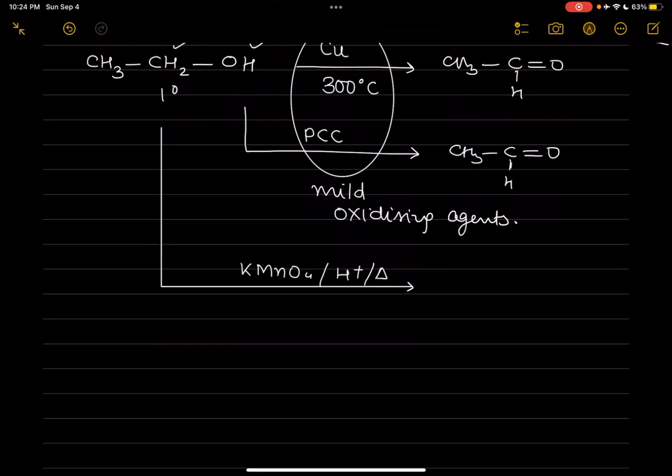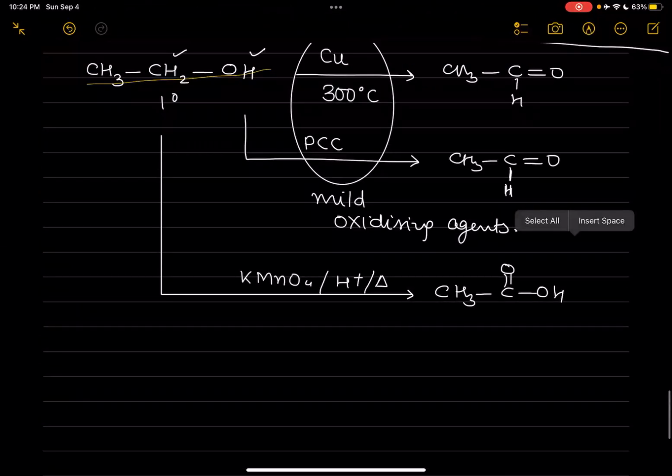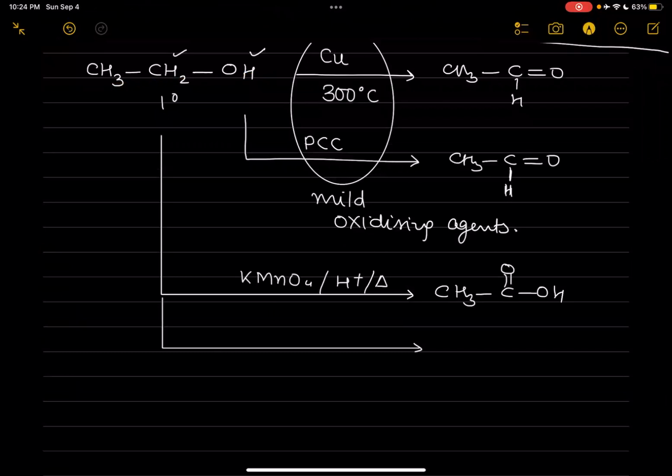So this aldehyde can get oxidized further, and primary alcohol will get oxidized to carboxylic acid. If you take a strong oxidizing agent, strong oxidizing agents can be KMnO4/H+ with heat or K2Cr2O7/H+ with heat.